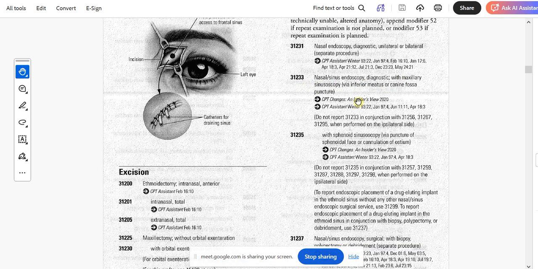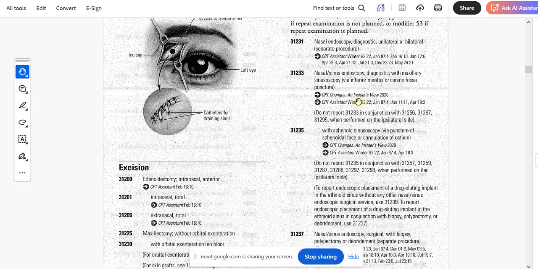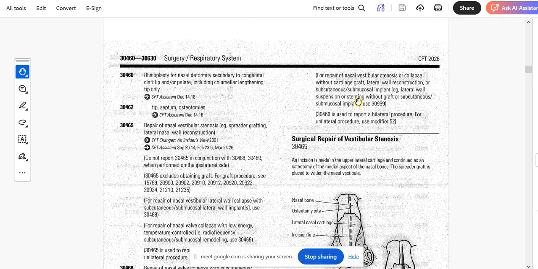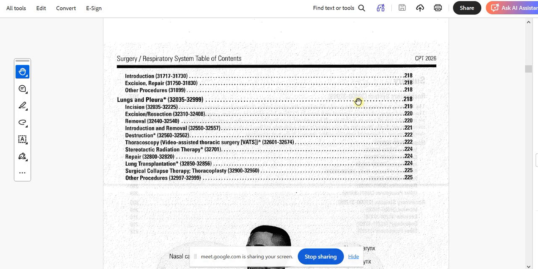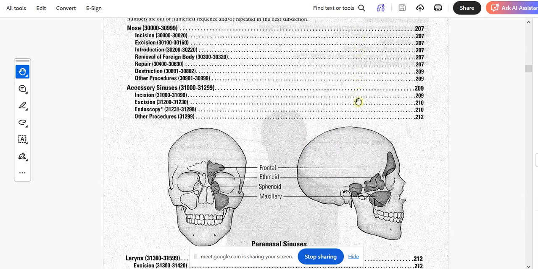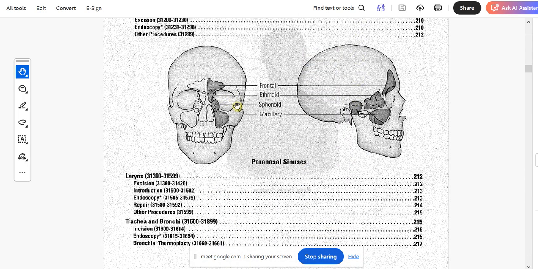Like discussed, you're going to see procedures on each sinus. There are many diagrams given in this CPT, very important diagrams. You should always follow these diagrams. The ENT surgeon can do a procedure on the frontal sinus, ethmoid sinus, sphenoid sinus, or maxillary sinus. Depends.